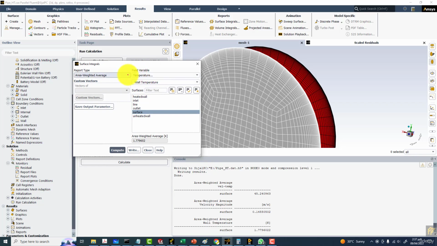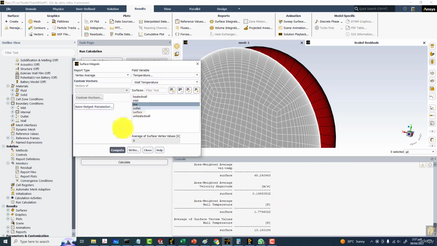I think the better method would be to use the vertex average. It should be line, 369, and if I choose area weighted average, it is 369.175. So there is a little difference, and here we were making a mistake, because we were choosing the surface, so it should be line.